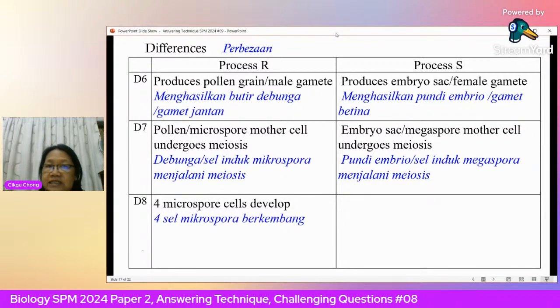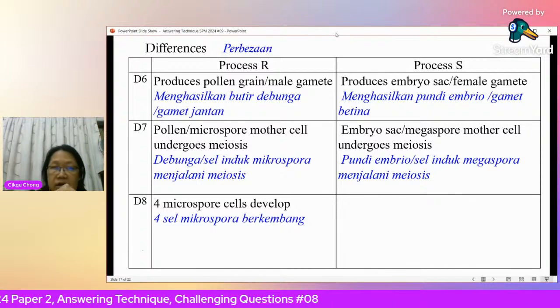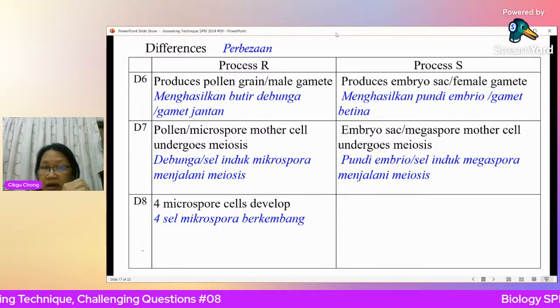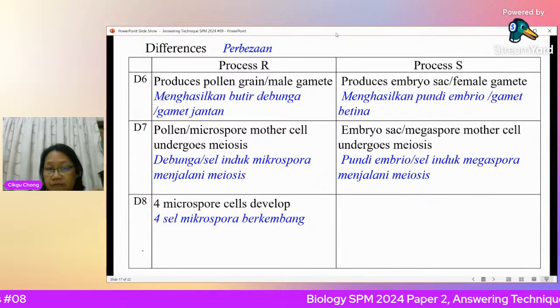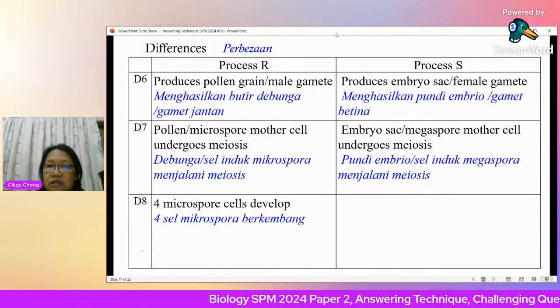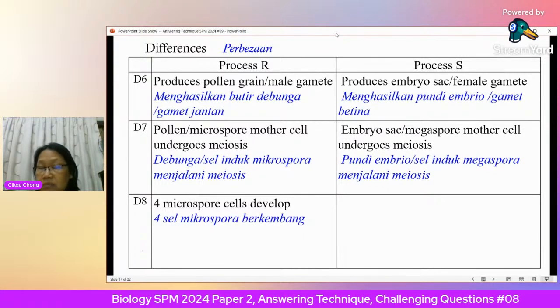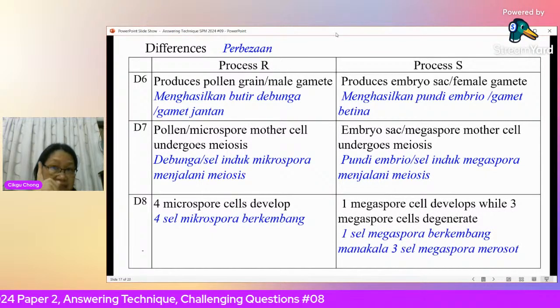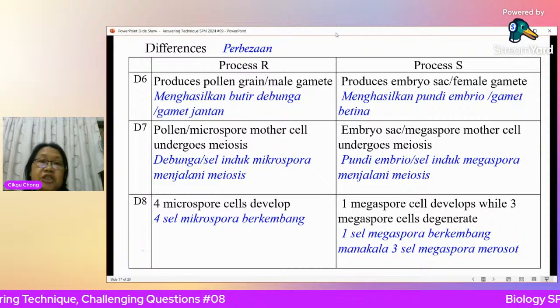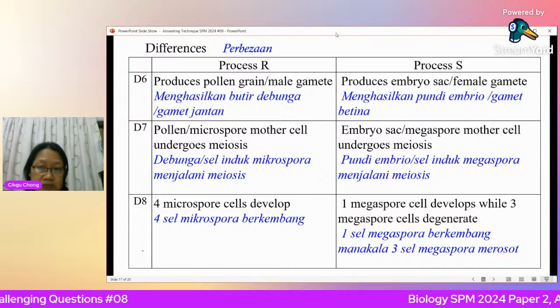For process R, the male, from one microspore mother cell, you will get 4 microspore cells developed. From one you get 4 microspores, whereas for the female, process S, you only get 1 megaspore cell, whereas the other 3 will degenerate. They become the polar bodies.